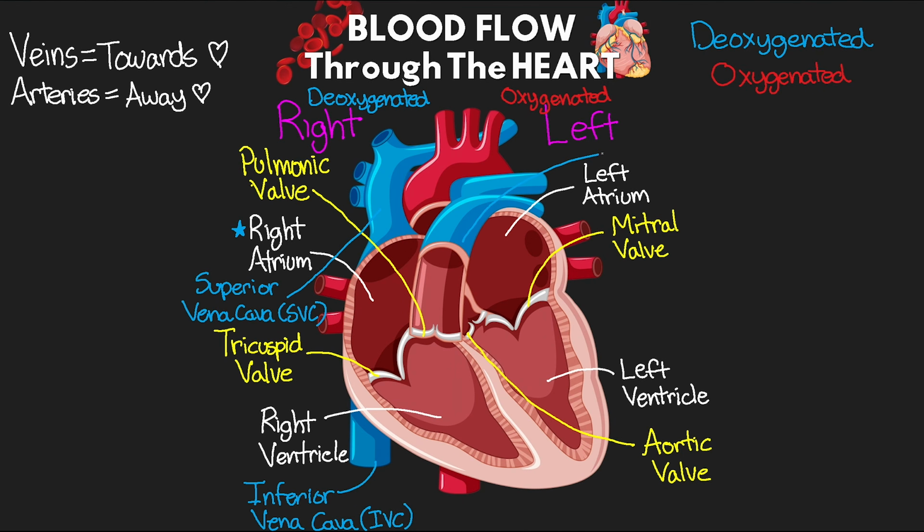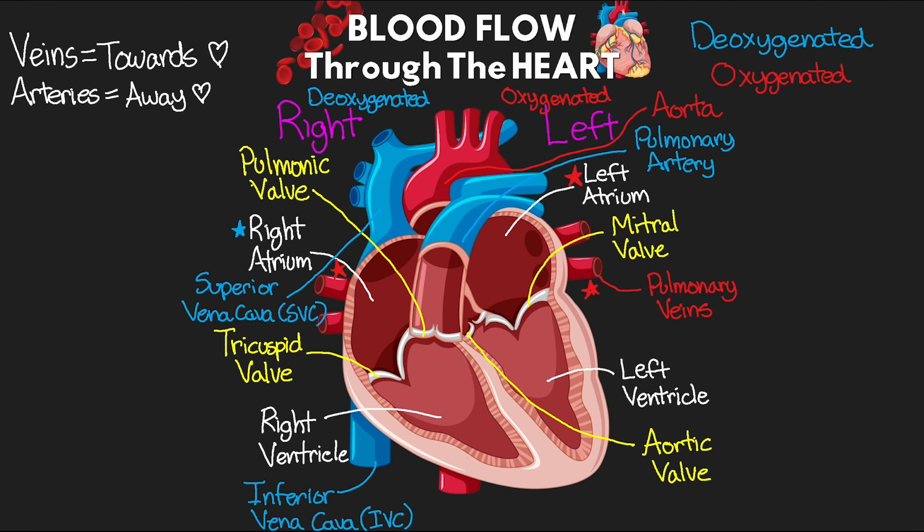Next, we have the pulmonary artery, which carries the deoxygenated blood away from the heart and to the lungs to be oxygenated. From here, we have both the right and left pulmonary veins, which bring the oxygenated blood back to the heart and empty into the left atrium. And finally, the aorta carries the oxygenated blood away from the heart to the rest of the body.